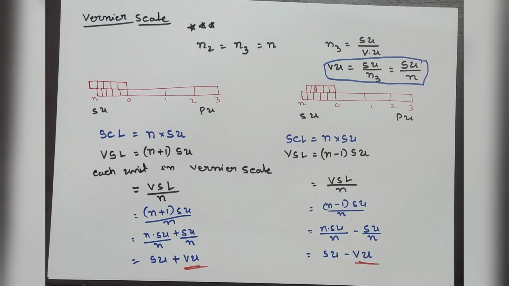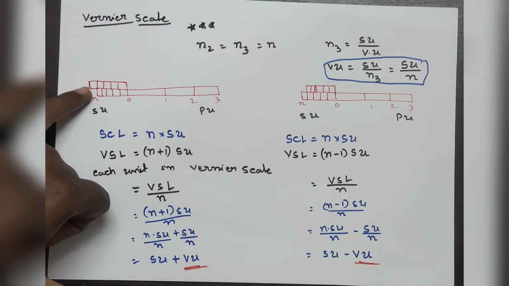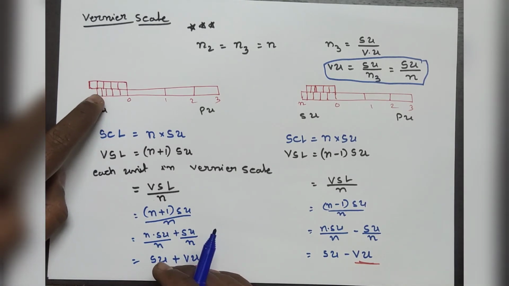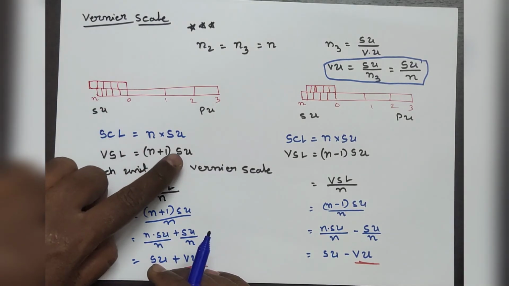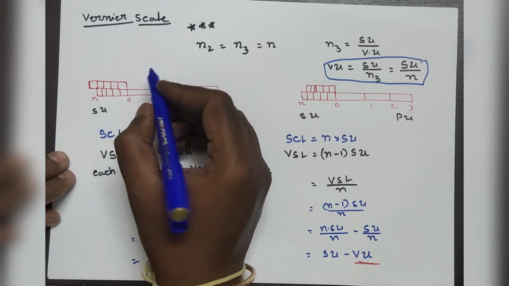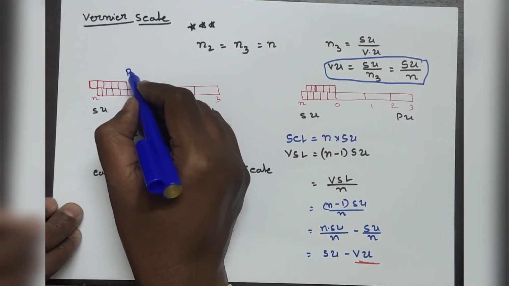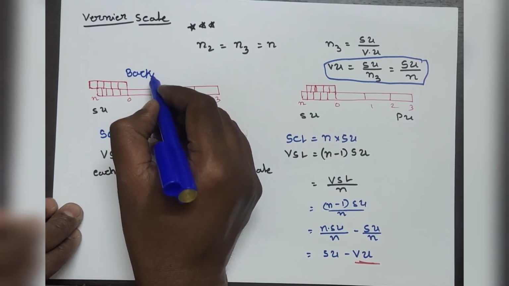So in one case you make n plus 1 into secondary unit and in another case n minus 1 into secondary unit. So what is the difference between these two? Is there any particular name for these two? We should be aware of it. Wherever you consider n plus 1 into secondary unit, it can be considered as backward vernier.